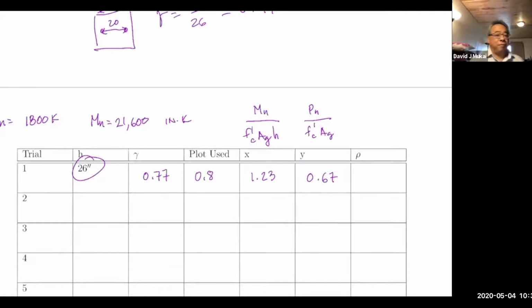Yeah, I forgot the 4. So that's good that I double checked. I forgot the first time to divide by f prime c. Okay, so we are looking on the graph for x is 0.31 and y is 0.67.